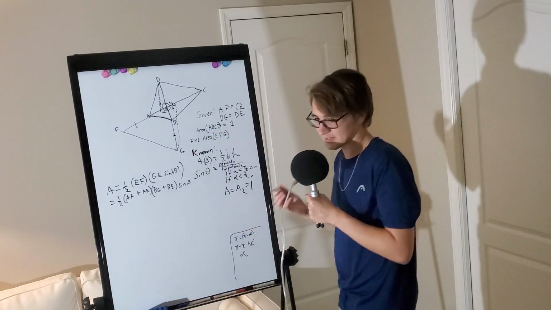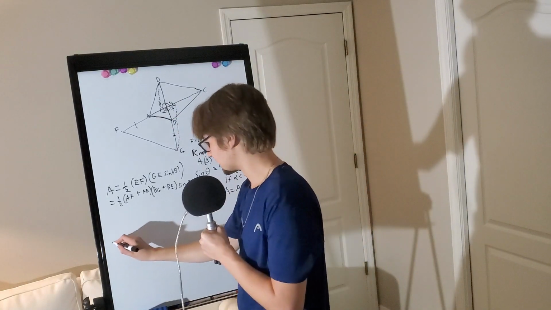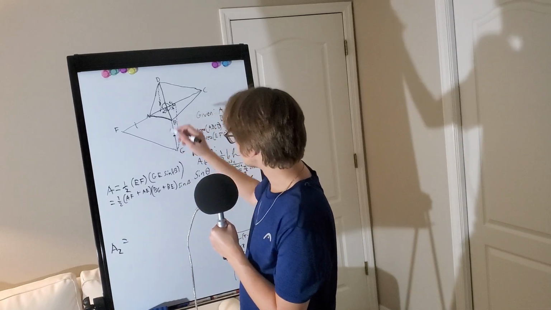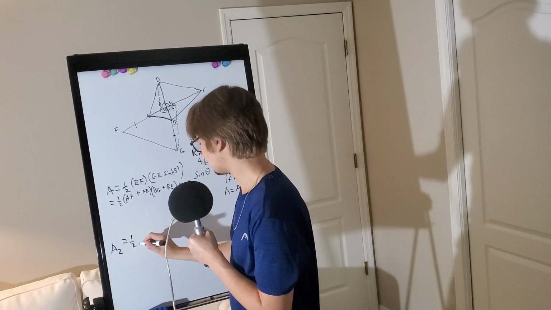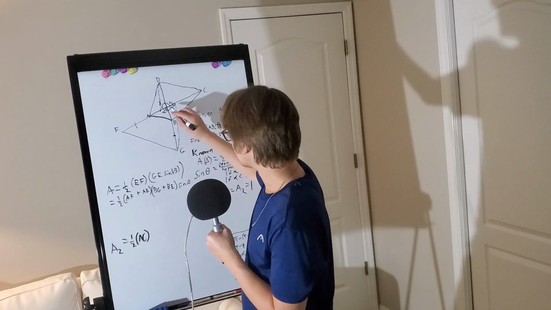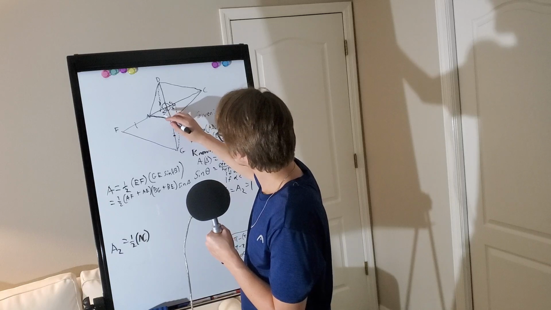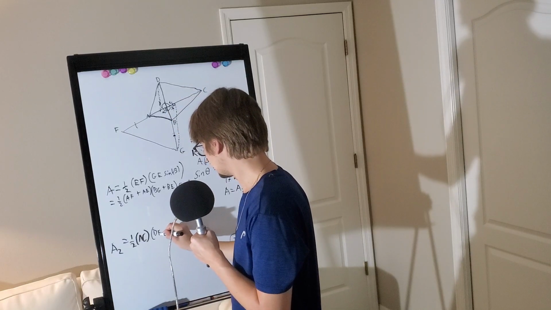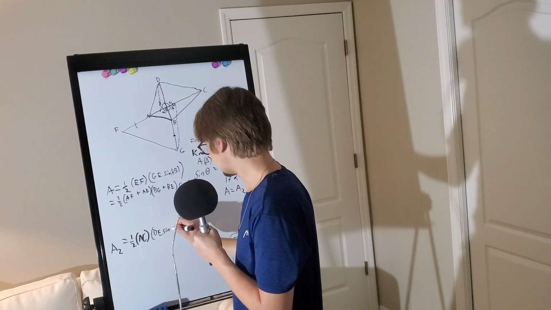And so it shouldn't really be a surprise, but A2 is going to be 1/2 AC times DE times the sine of beta.